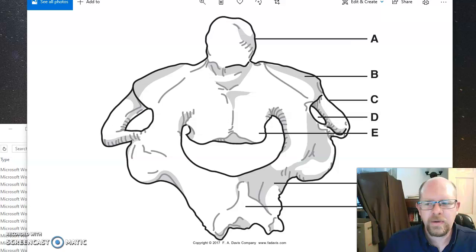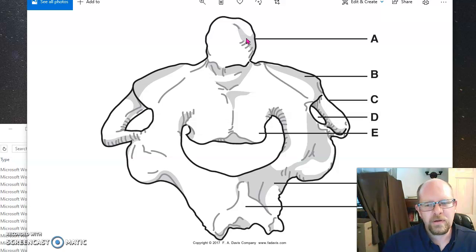In this image, we are looking at C2, also known as axis. It also does not have a body, but if you can tell, it's starting to resemble other cervical vertebrae like C3 through C7. If we look at A, this is a projection that arises off of the vertebrae itself, and it's called the dens.